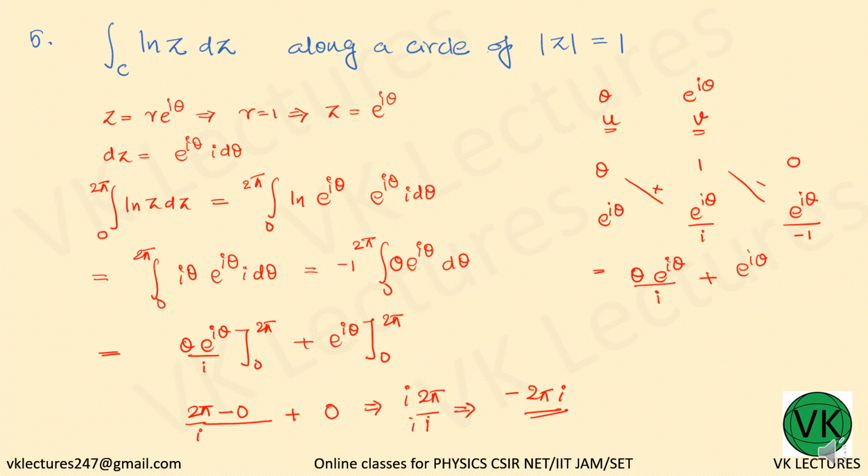Here minus 2 pi i, here is a term minus 1 which we have to add with this minus, so this is minus 2 pi i into minus 1, that's equal to 2 pi i.